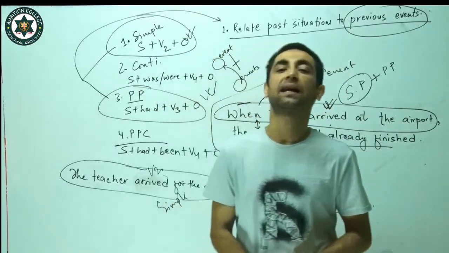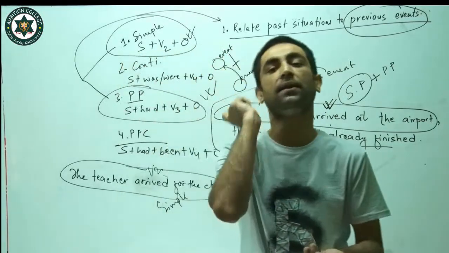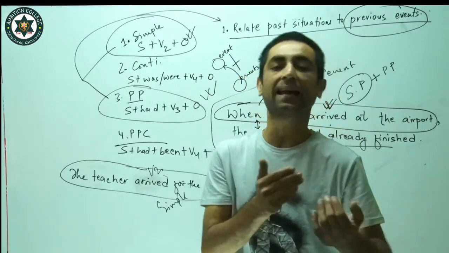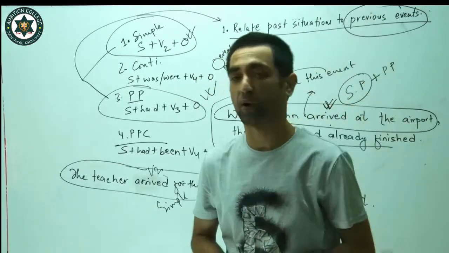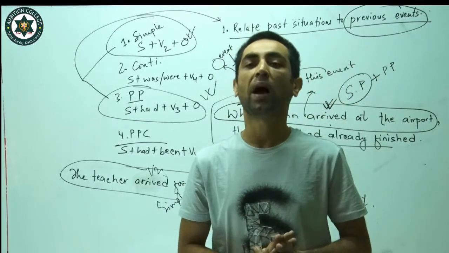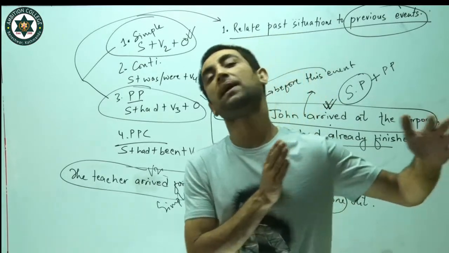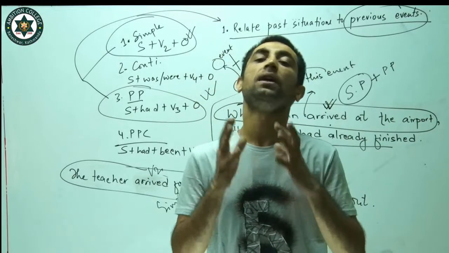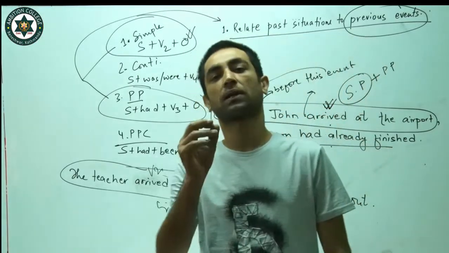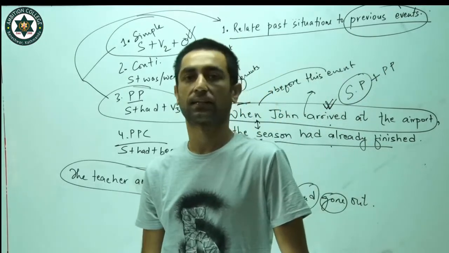Past perfect tense is especially used to talk about those events whose effects had been carried in the past frame of time. In the past frame of time, when the effects of the action are being carried, we use the past perfect tense to explain these types of contexts.